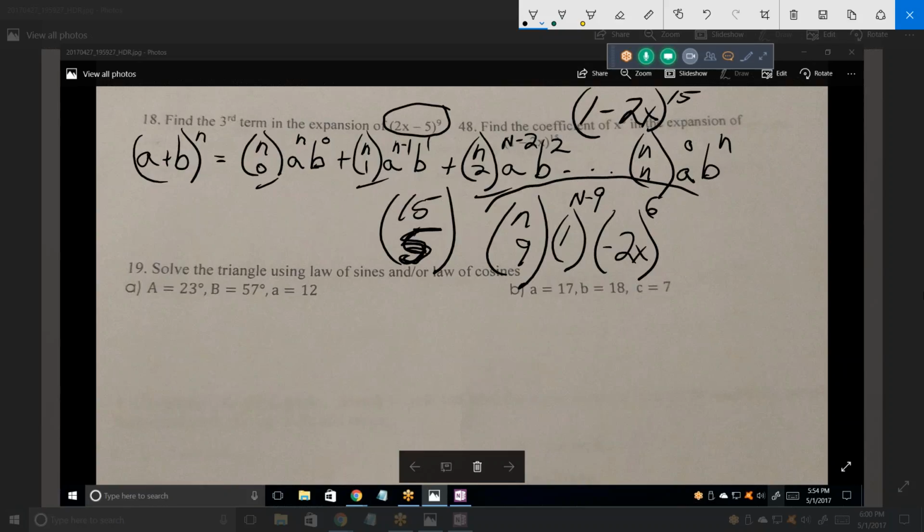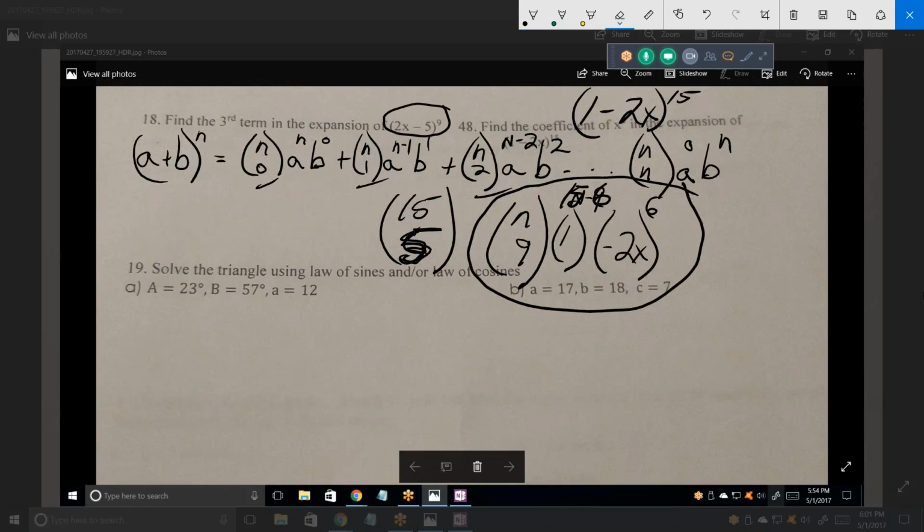Do you see how I get that for my 6th term? Hold on. Actually, I'm not looking for my 6th term. I'm looking for my term where x has an exponent of 6.